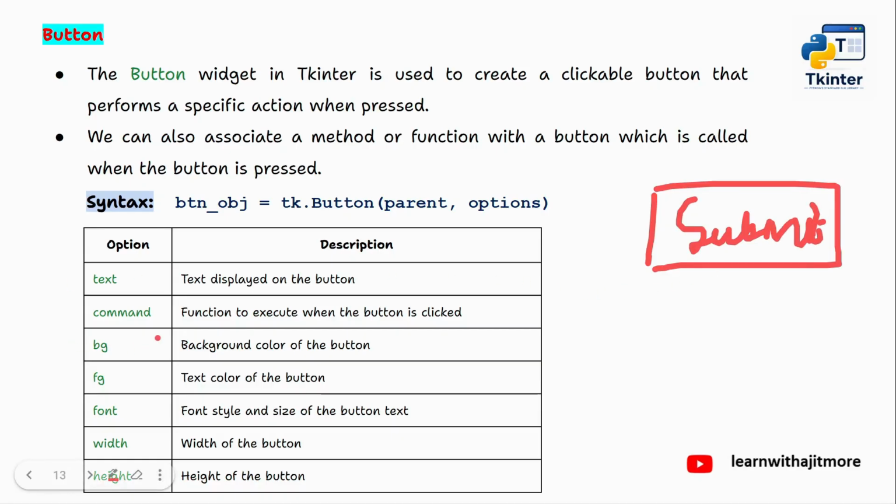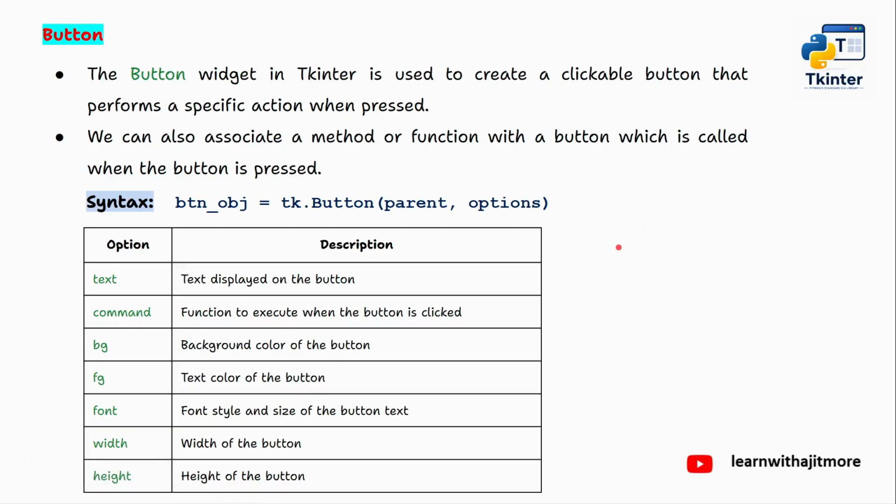Then next is command. To the command, you have to give the function name, only the function name. You have to just give the reference of your function, which can be a lambda function also, if you remember lambda functions, because when you create a lambda function, you get a function object assigned.